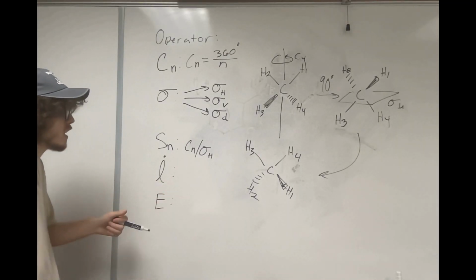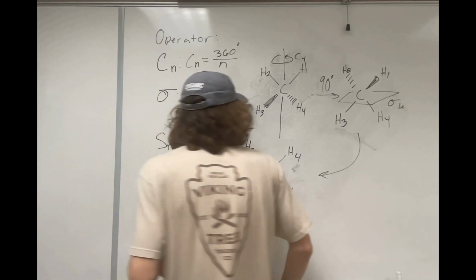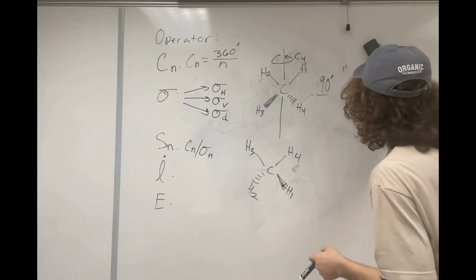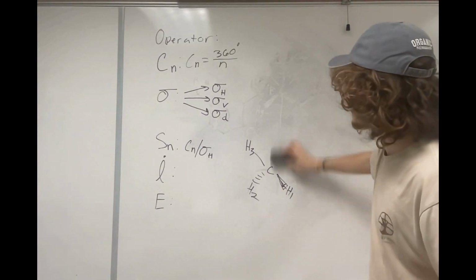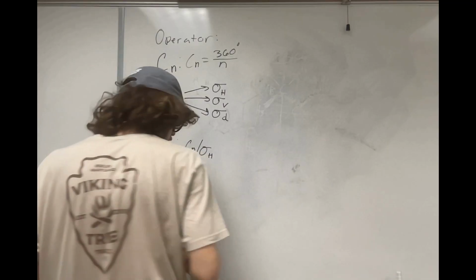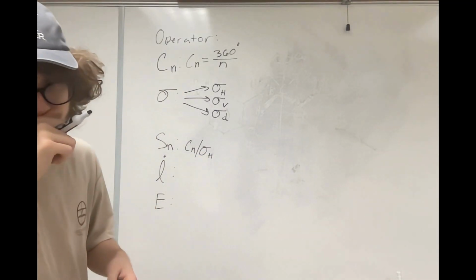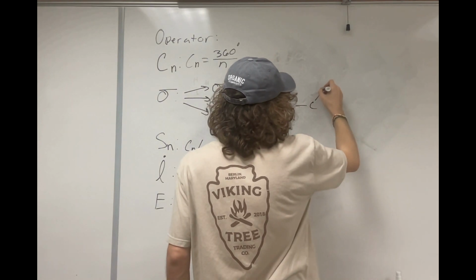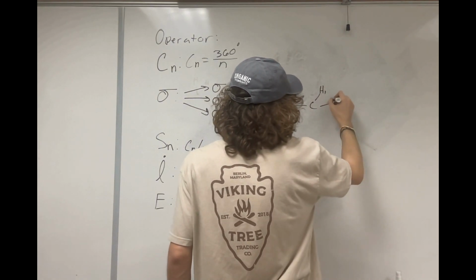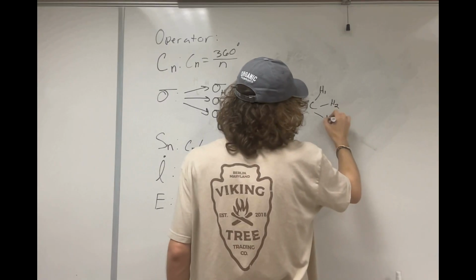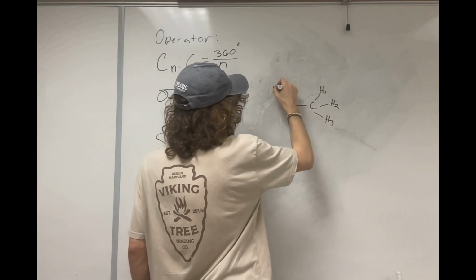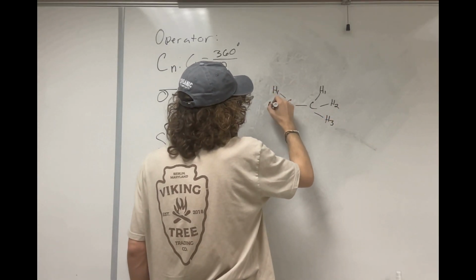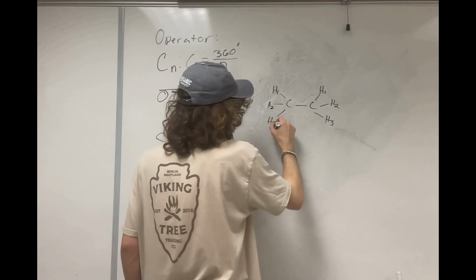But let's keep moving. We also need to talk about this guy I, the inversion operation. And the way I want to show this to you is using ethane. So H1, H2, H3, H1, H2, H3.